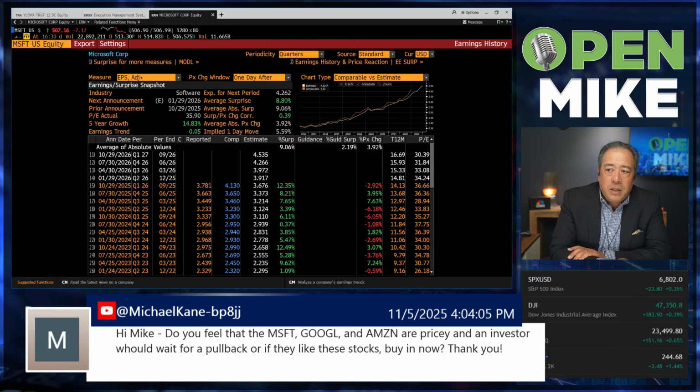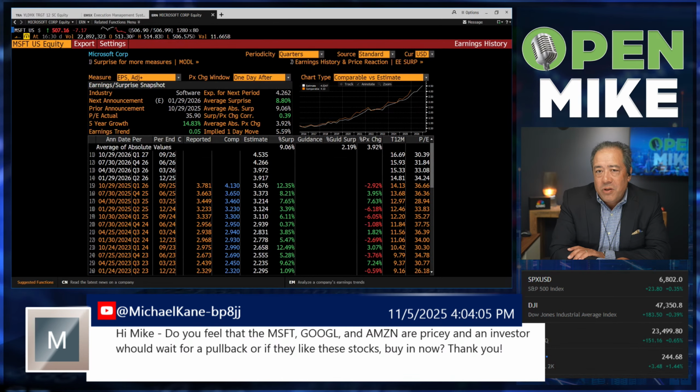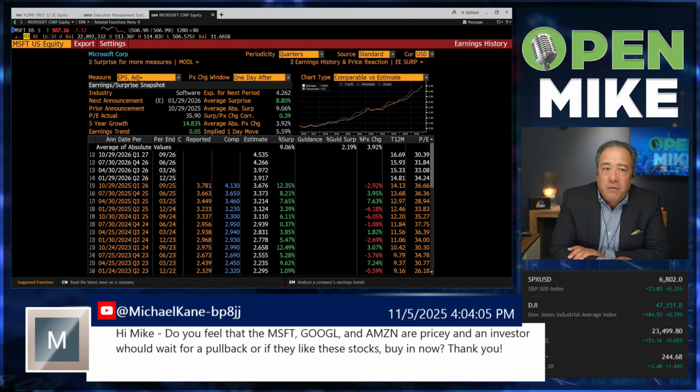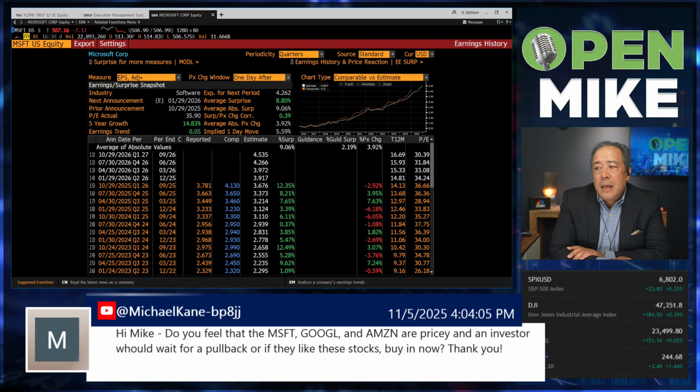These are the companies that have incredible margins, better than average growth, massive amounts of free cash flow, and on top of that, people are buying these things because that free cash flow affords them the ability to make the substantial investments into what everybody thinks is going to be the next big thing in the economy.